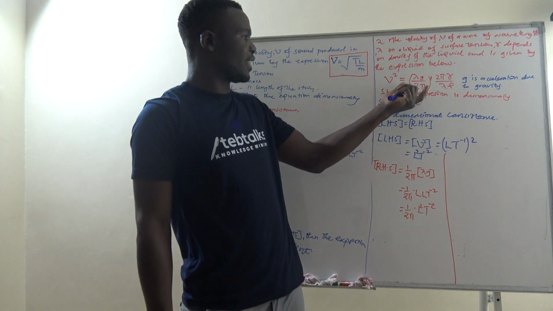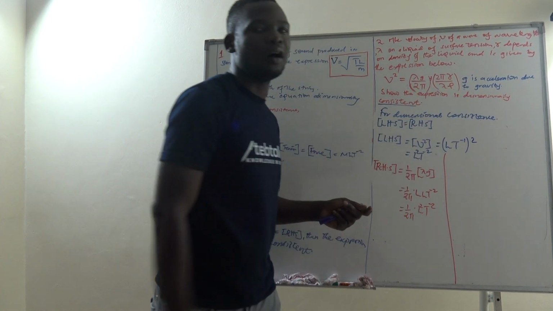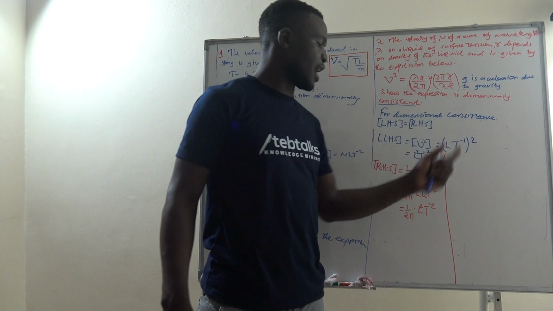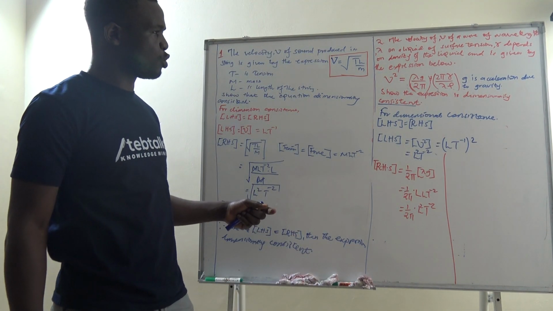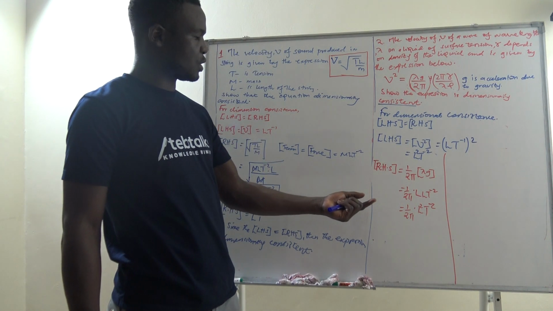Now, from here, this is evidence enough from the principle of homogeneity. This tells me that the dimensions of this bracket should be equal to the dimensions of this other bracket, and therefore it is true, since 1 out of 2 pi is a dimensionless constant.